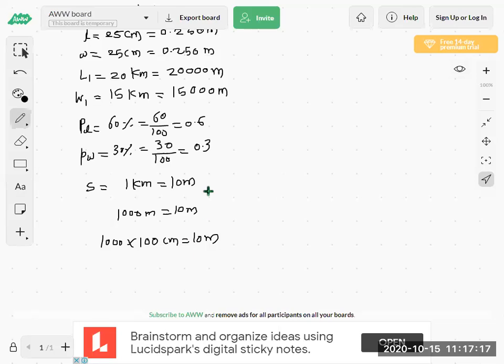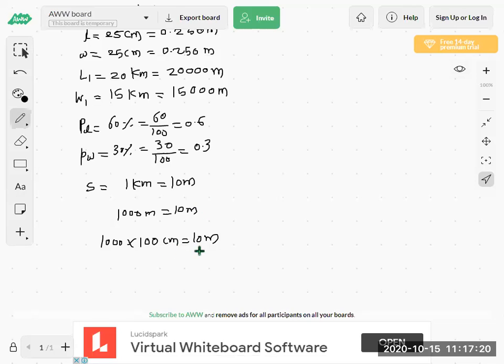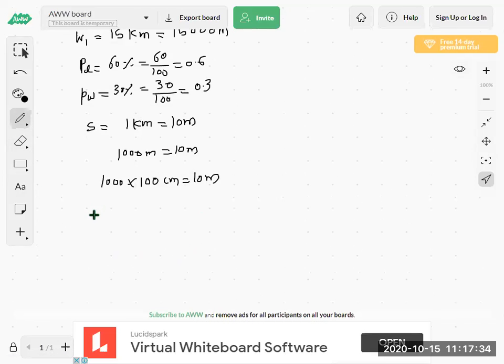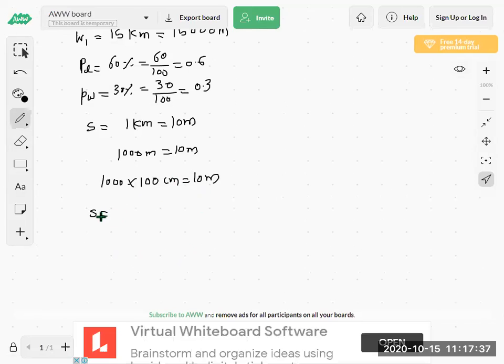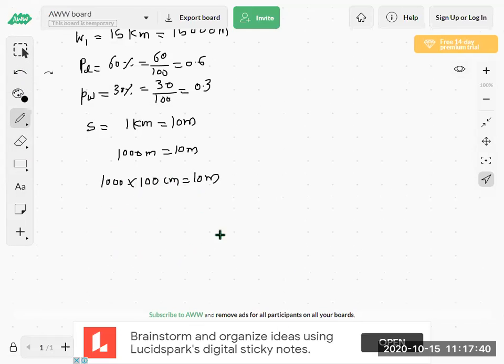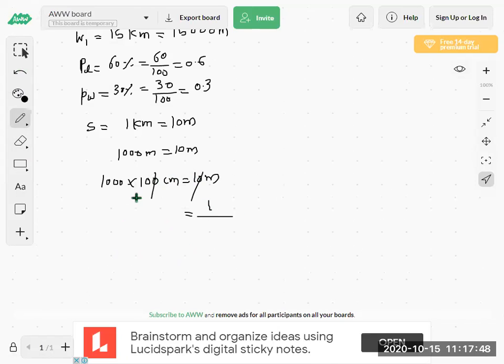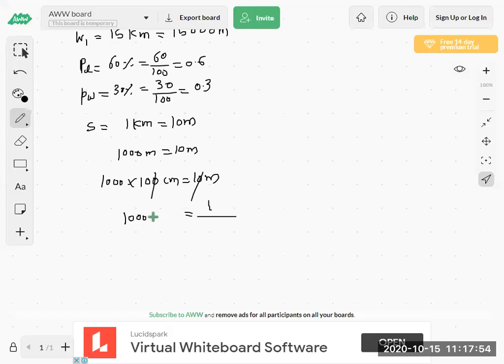Now here, this is in centimeter. See here, S is equal to, now before that, this zero will get cancelled. So what will happen? This 1 divided by this value is how much now? 100 into 10, it means 10,000. Are you getting?